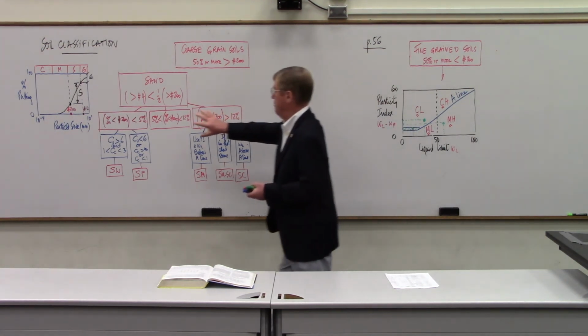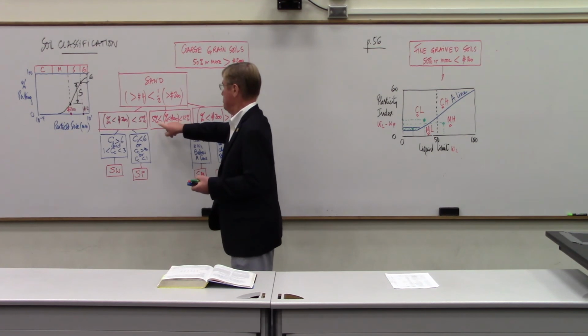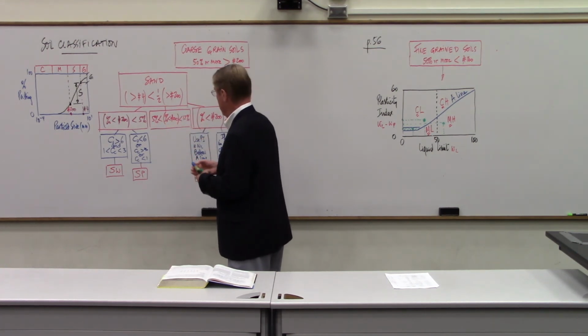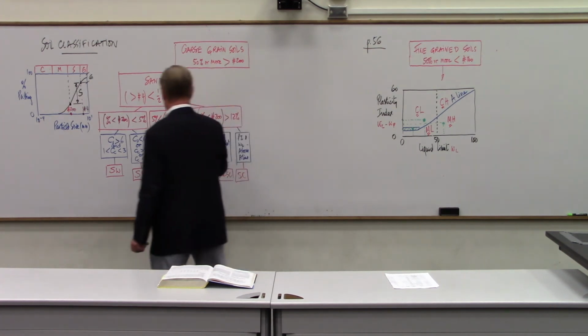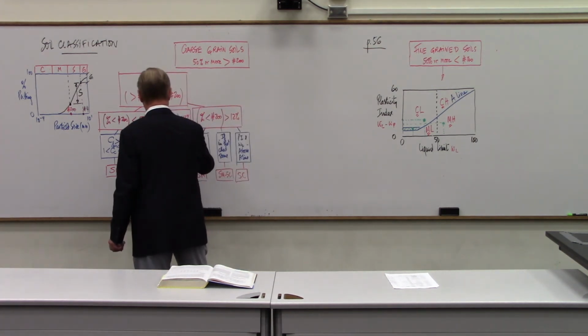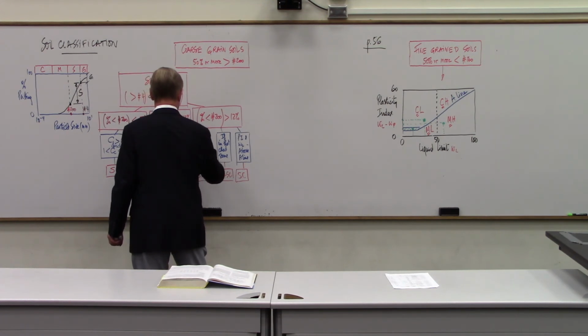And then if you find yourself in this box when you're between 5 and 12, then run case less than 5%, run case more than 12%, and use dual symbol.